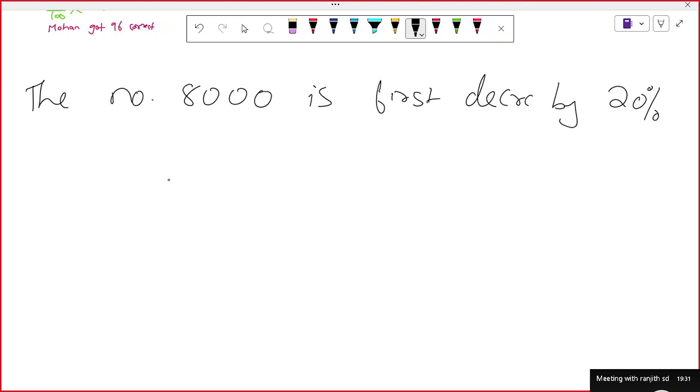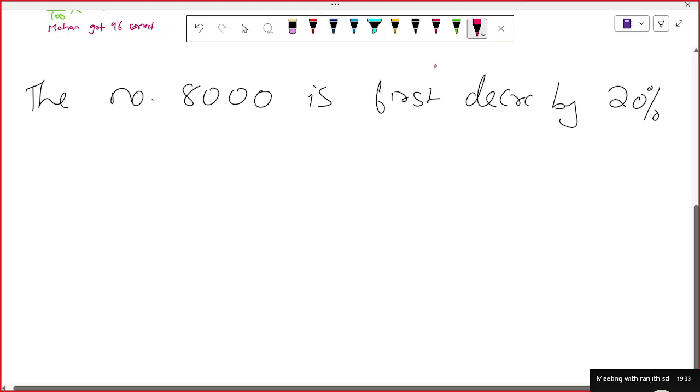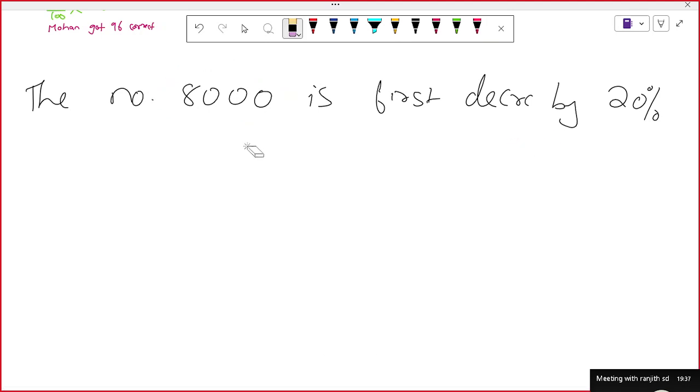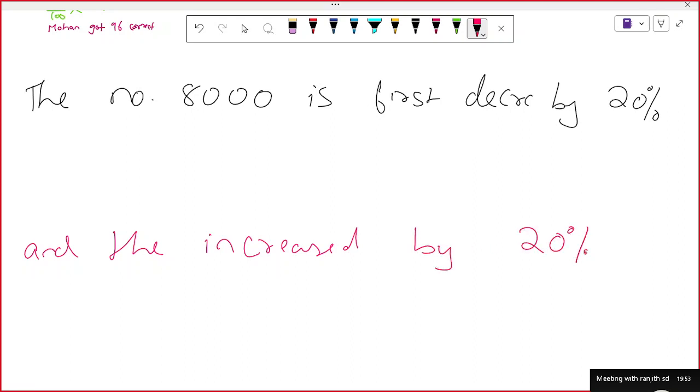By now you all should have understood what is percentage, students. 8,000 is given and reduce it by 20%. This is the 17th question.